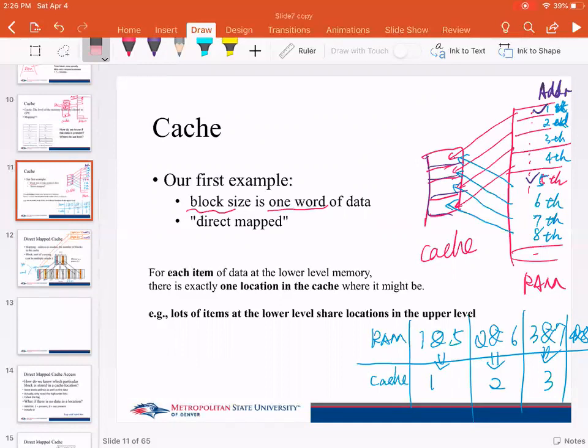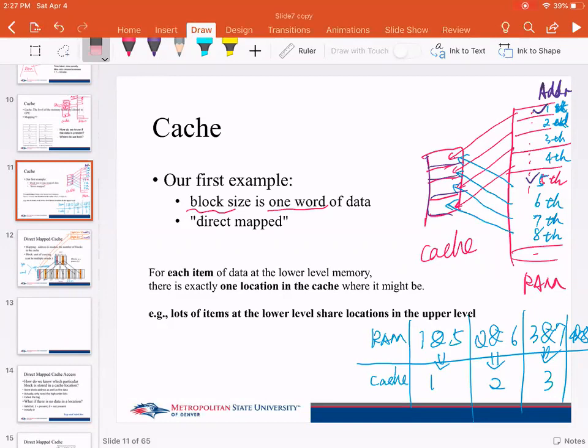So suppose I have the cache and I have the RAM, and the CPU is trying to read a piece of data. So you really hope that piece of data is inside of the cache, so you don't need to go all the way down to the RAM to get it. It will be much more efficient if the data you want is actually stored in the cache. And we know which piece of data should go where inside of the cache. So we know how to map the data of the memory into the cache.